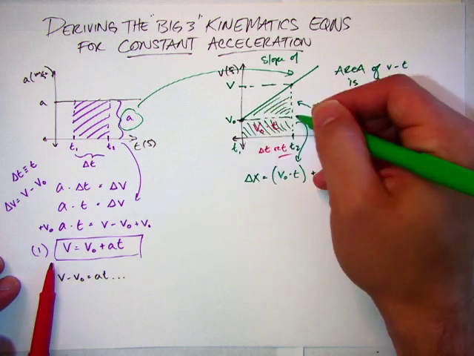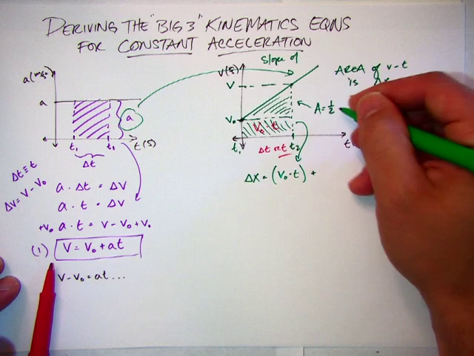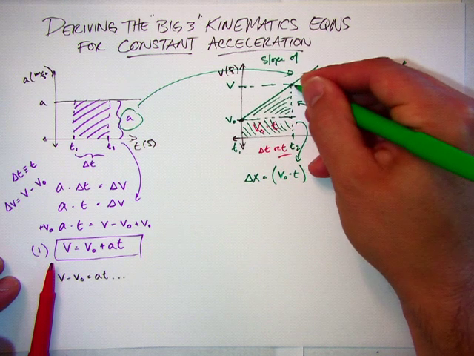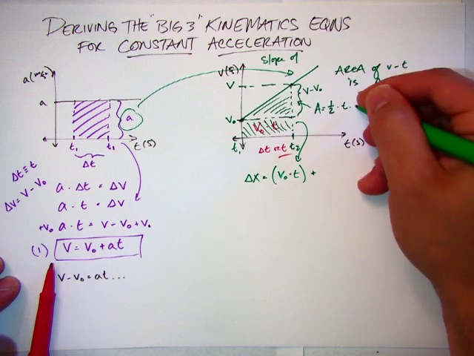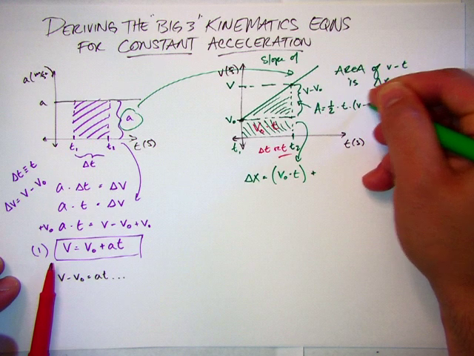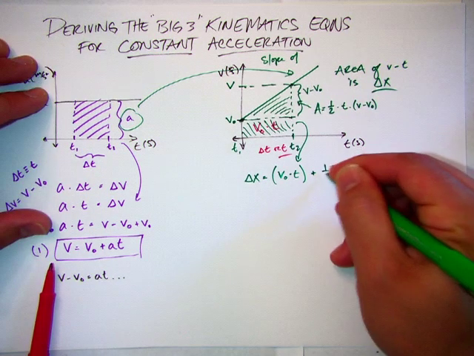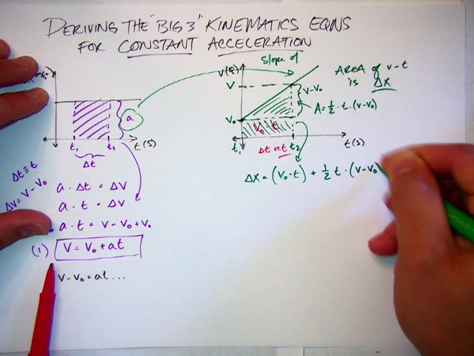Well, my base is going to be the length of this segment, which is also t. And then my height from here to here is going to be my difference between v and v naught. So 1/2 t times v minus v naught.